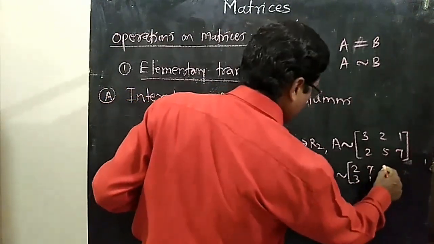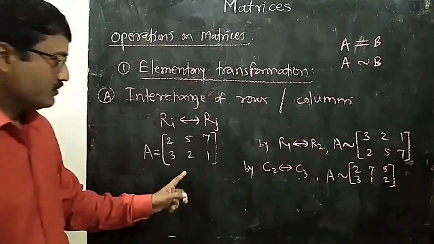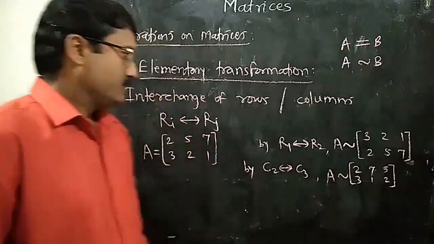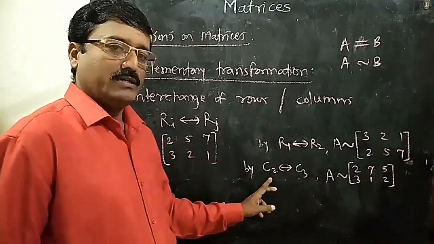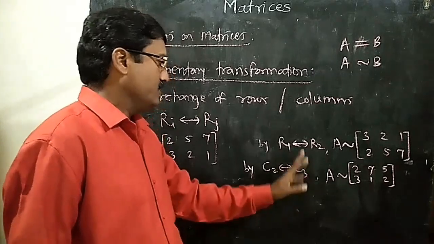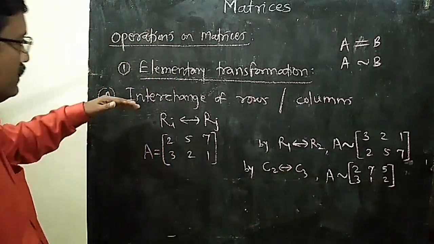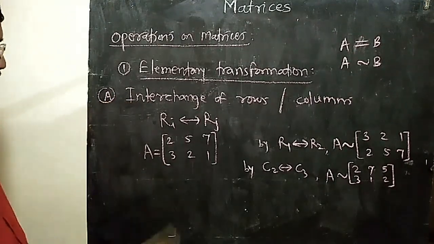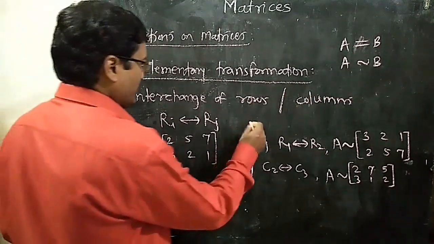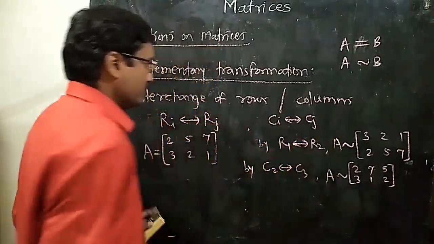The third column is obviously 5 2. So this is the new matrix which is equivalent to matrix A, obtained by interchange of the second column and third column. So this is the interchange of rows or columns. In case of column, we write in general Ci interchange Cj.